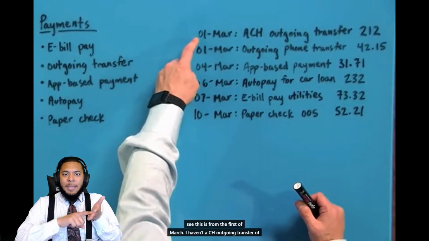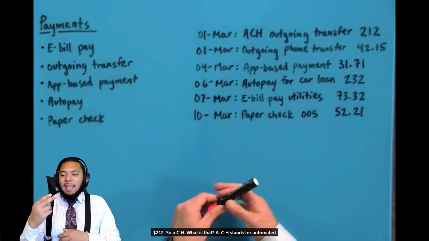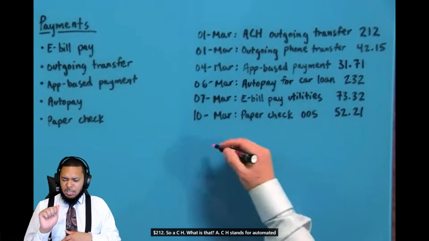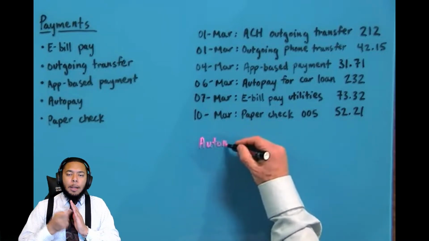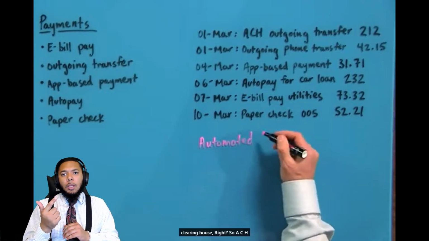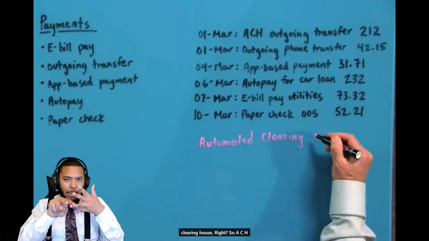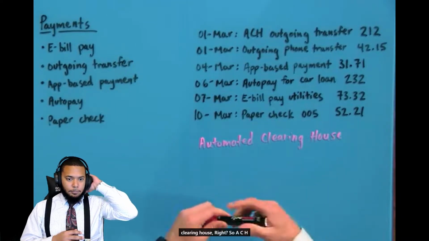And so you can see this is from the 1st of March. I have an ACH outgoing transfer of $212. So ACH, what is that? ACH stands for Automated Clearing House. Right, so ACH is just a system in the background that helps facilitate electronic payments of money.